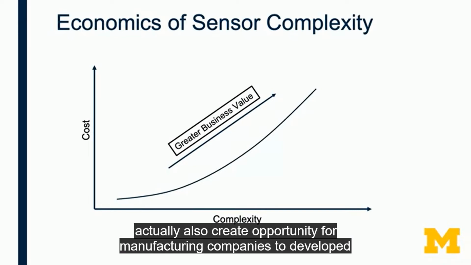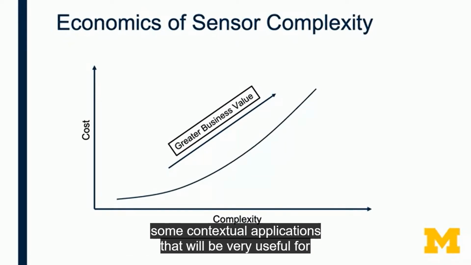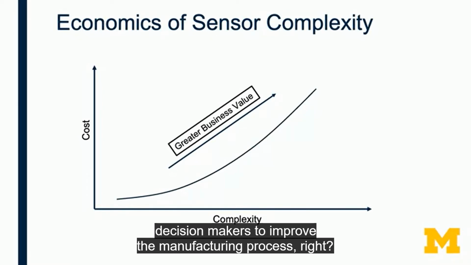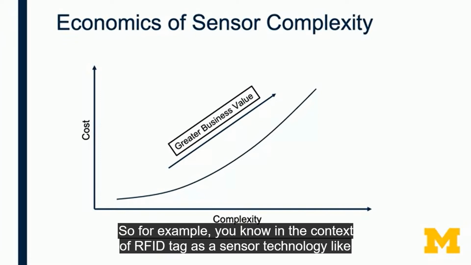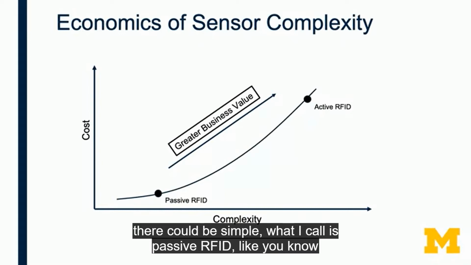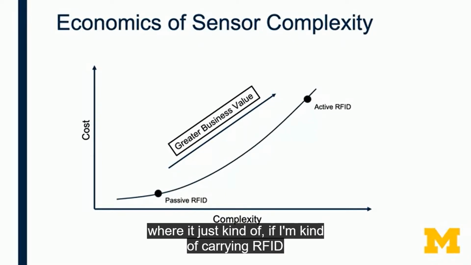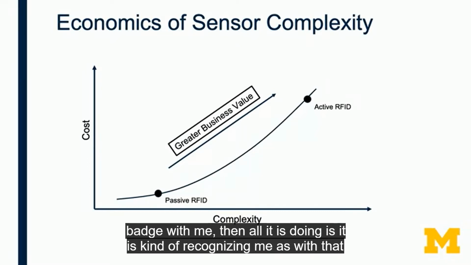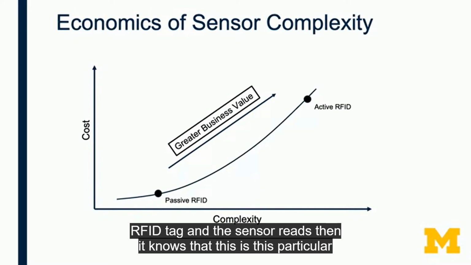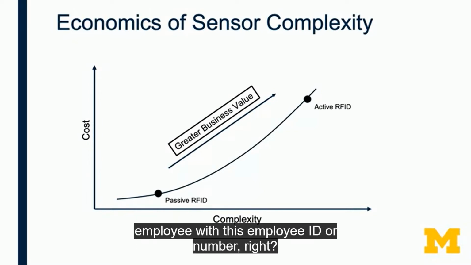More interestingly, we have to understand that it is the complex sensors that also create opportunity for manufacturing companies to develop some contextual applications that will be very useful for decision makers to improve the manufacturing process, right? So, for example, in the context of RFID tag as a sensor technology, there could be simple, what I call passive RFID, where if I'm carrying an RFID badge with me, all it is doing is recognizing me with that RFID tag, and the sensor reads it, then it knows that this is this particular employee with this employee ID or number, right?